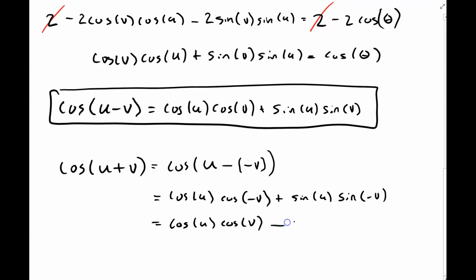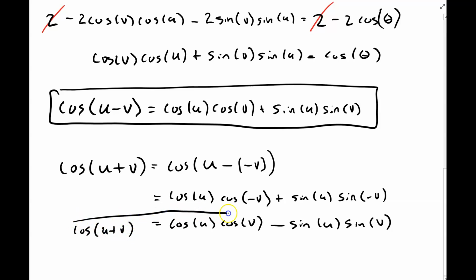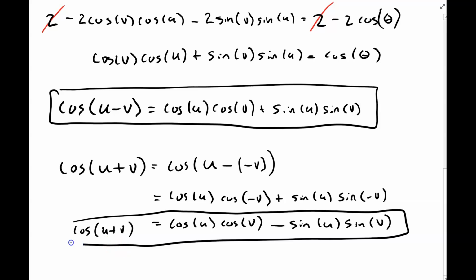So I'm going to write the negative here because it's just things being multiplied together. And this is our angle sum identity for cosine.